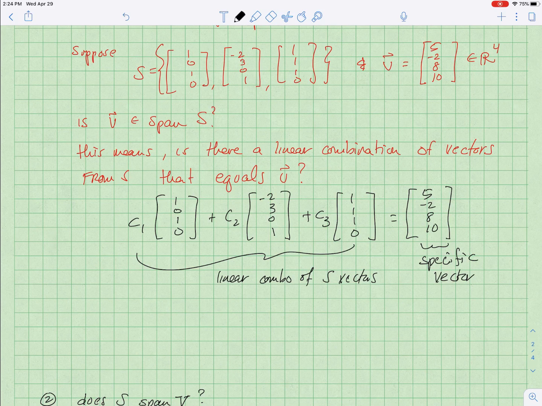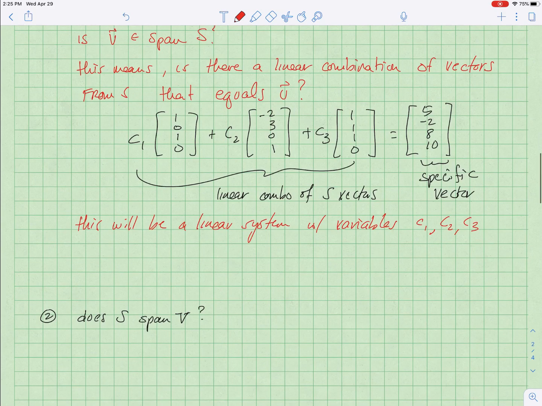Now, this is actually just going to turn into a linear system. We're going to use techniques of chapter 2 or chapter 3 to solve this system. This will be a linear system with variables c1, c2, c3.